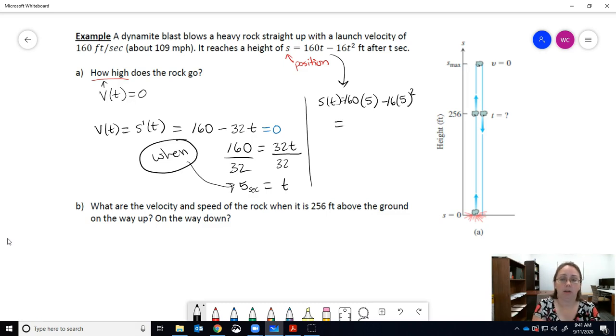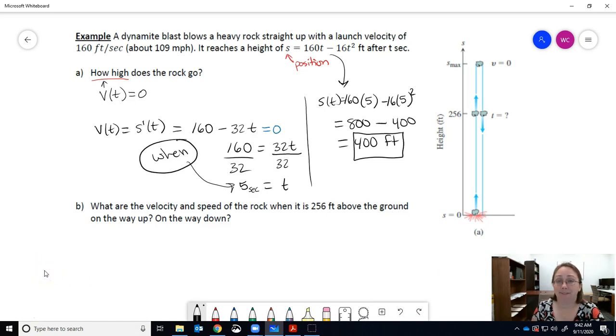So, calculator, make sure I get this right, 160 times 5, 800, minus 16 times 5 squared, 400. So our highest point achieved was 400, and this is units of feet. That is the highest the rock achieved as it flew above the dynamite. Yes, or as the dynamite made it fly.